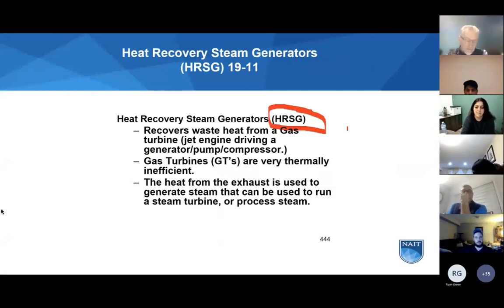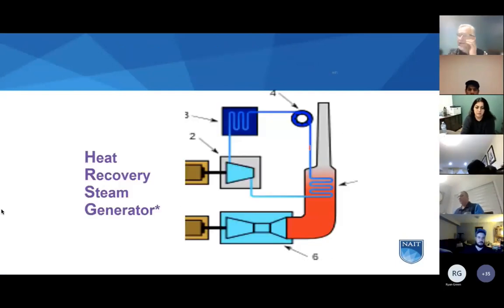Our popular or common name is HRSG. We call it a HRSG, heat recovery steam generator. In the case of a gas turbine, we have a fairly inefficient piece of equipment.